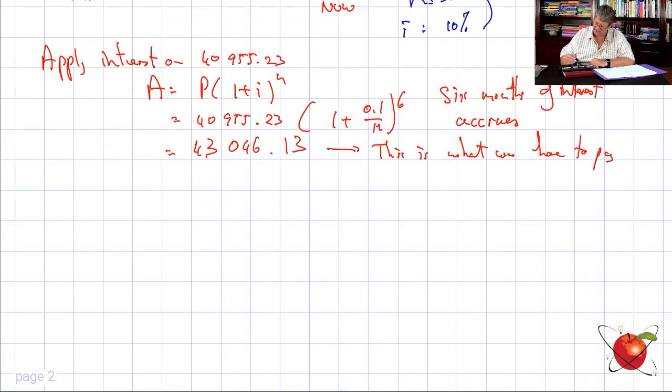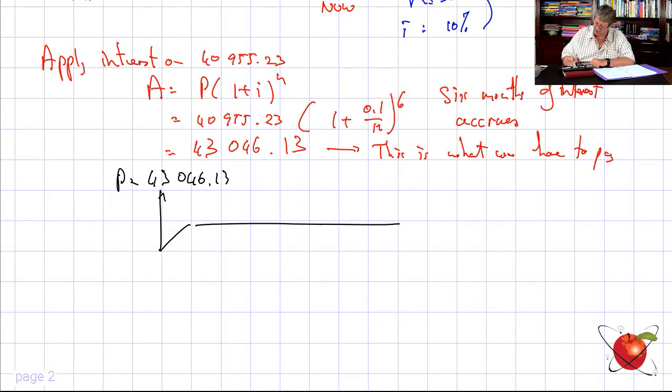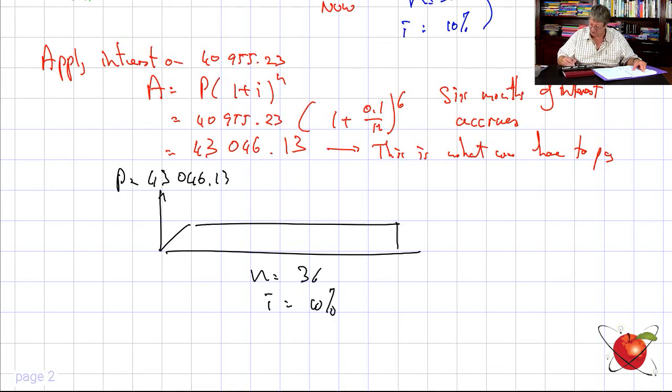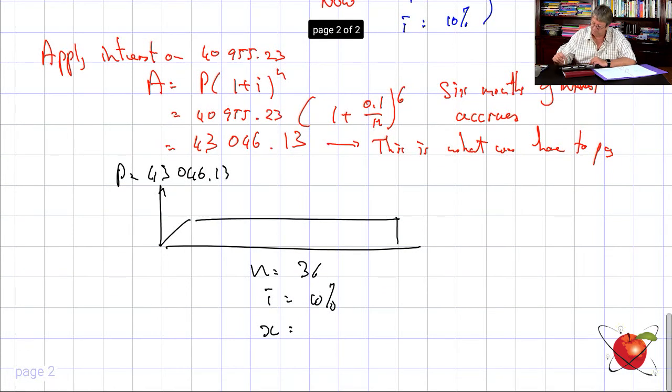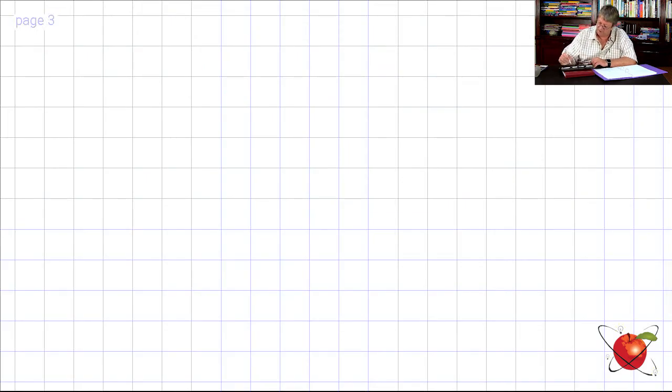I'll go back to black. I've got an annuity whose P value is 43046.13, and I'm going to split that up into N equals 36, i equals 10% compounded monthly, X is equal to, we don't know. We split that up as follows.